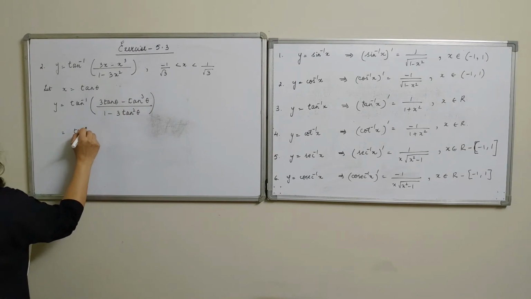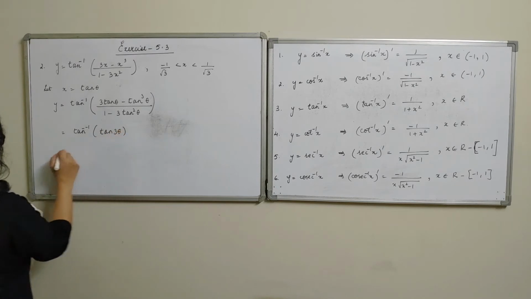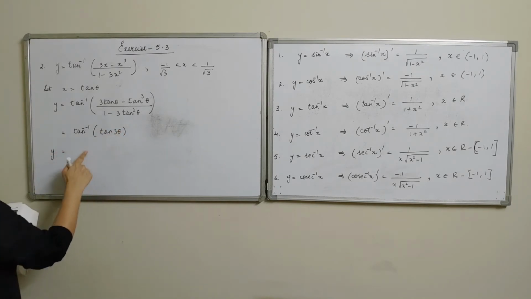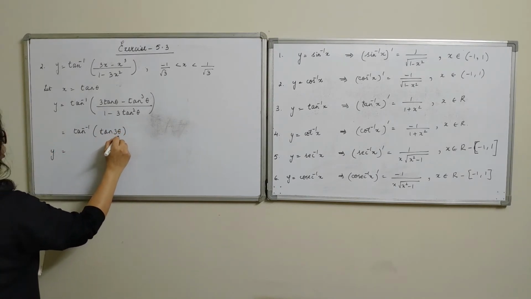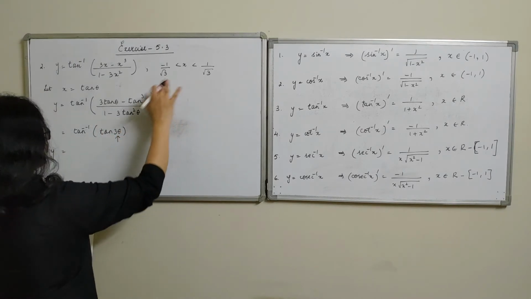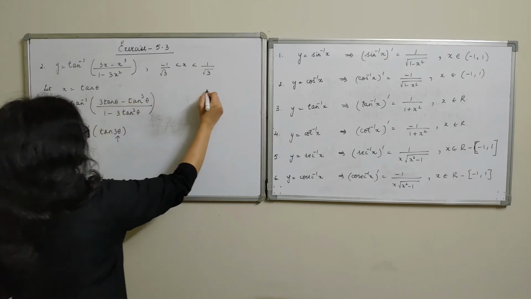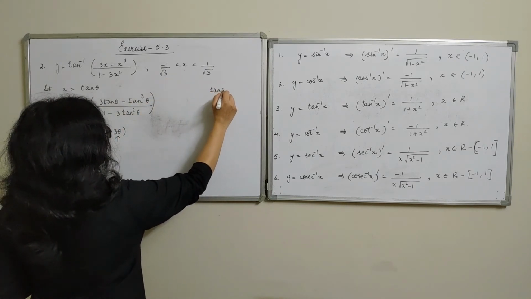So this formula is basically tan 3 theta, and the result will be equal to 3 theta if this angle belongs to the principal branch. Here is a restriction on x. So let us check, is this possible or not? X is tan theta, so replace x by tan theta.